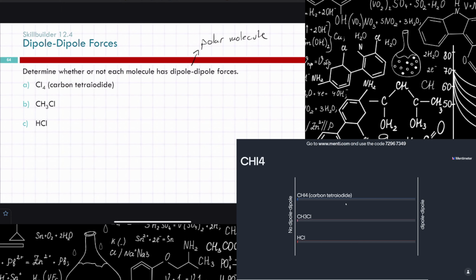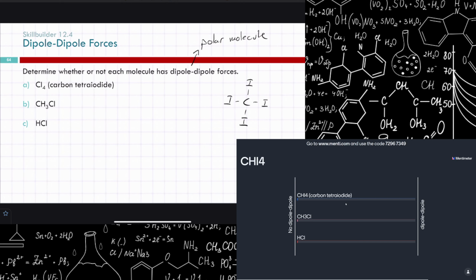So for CI4, carbon tetraiodide, we're going to have carbon, and then the 4 iodine atoms surrounding that carbon. From there, we can look at it and see, do we need to go any further and draw out the rest of this Lewis dot structure to determine if it's polar or not? Or can we see from here if it's polar?